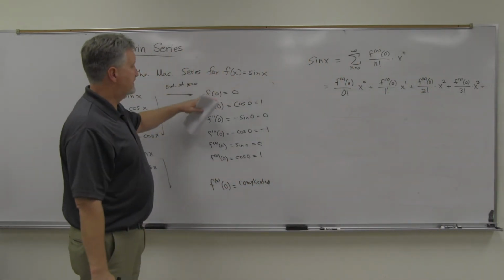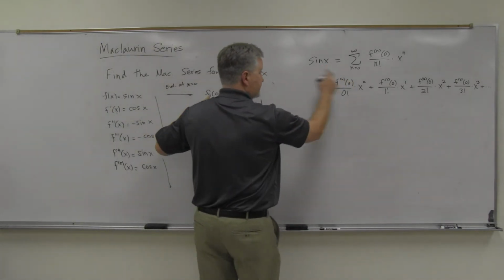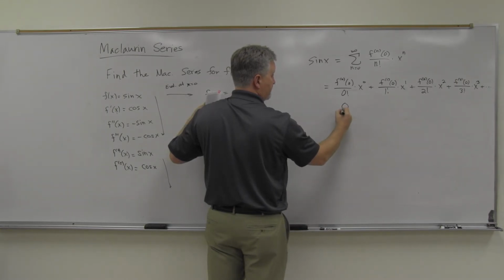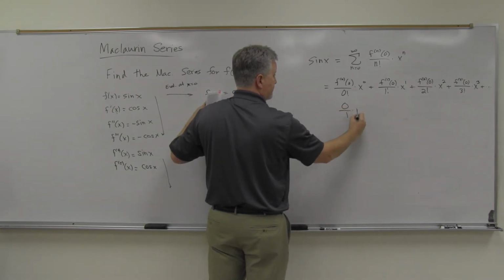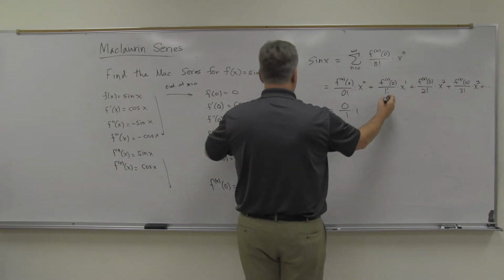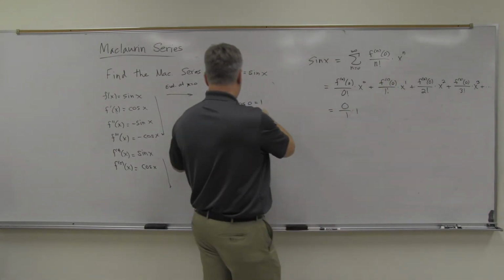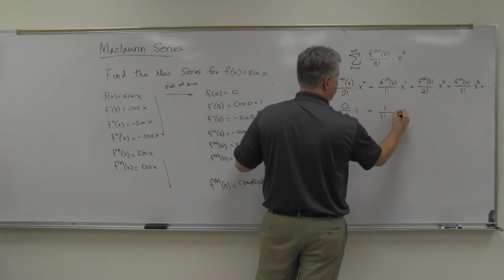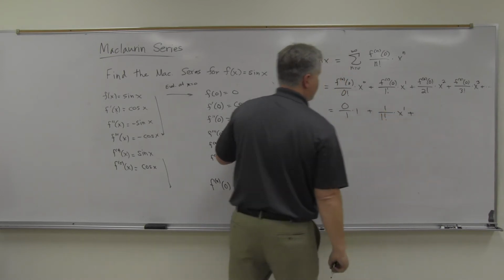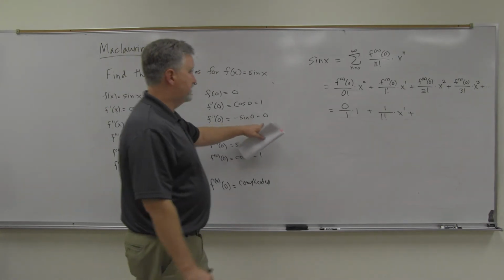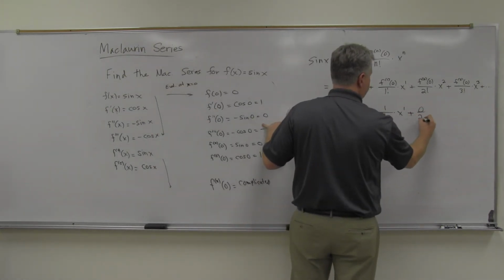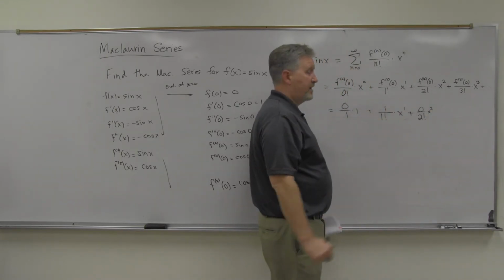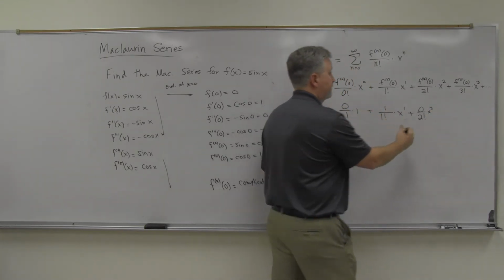Well, like I said, right here that's just f of 0. So that's 0 over 0 factorial, which is 1, times 1. First derivative is, in this case, cosine of 0, which is 1. So that's 1 over 1 factorial times x to the 1. The second derivative at 0 is 0. So we're going to get a lot of terms here that drop out, aren't they? All the even terms are going to drop out because we've got 0 in them.